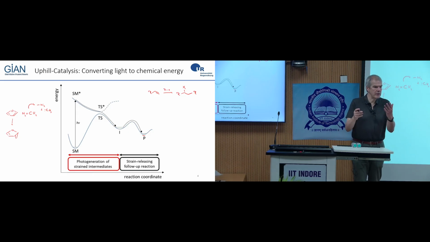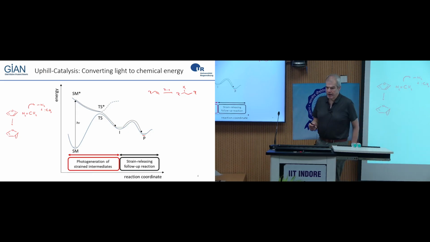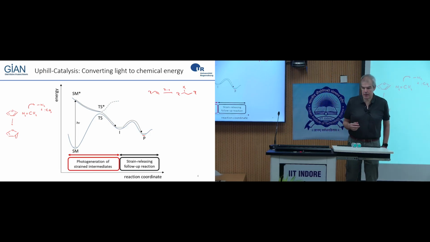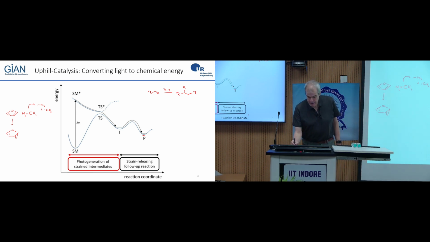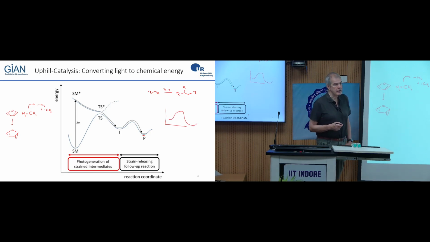If you just try to make a guess, you would say, hey, wait a minute, I'm exchanging pi bonds for sigma bonds, right? And that must be thermodynamically downhill. So all the examples I have shown you in the previous section would of course go through an excited state, but nevertheless, if you look at the reaction coordinate, it would still look somehow like this, where the product is lower in energy than the starting materials.